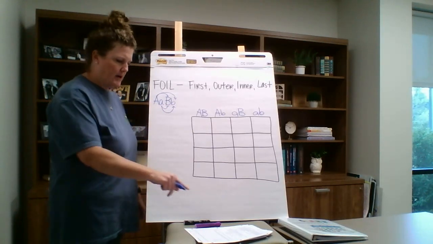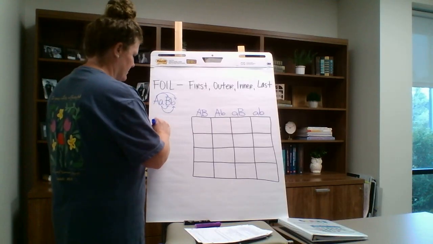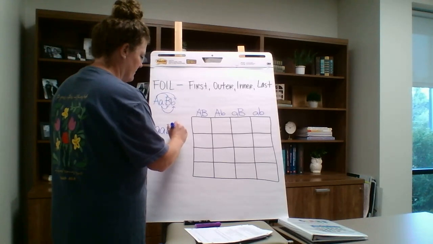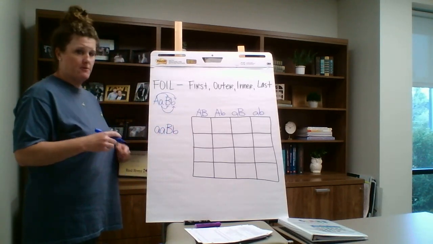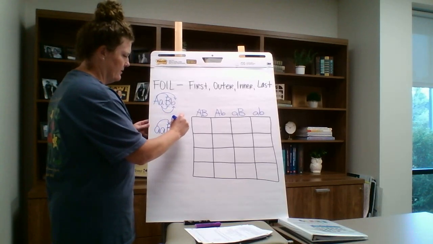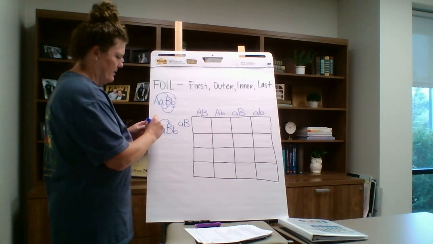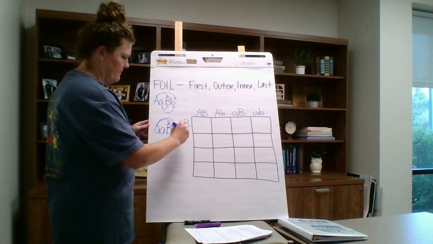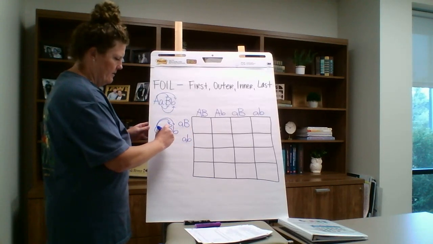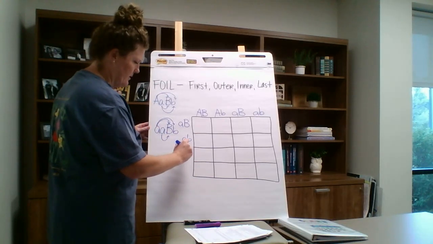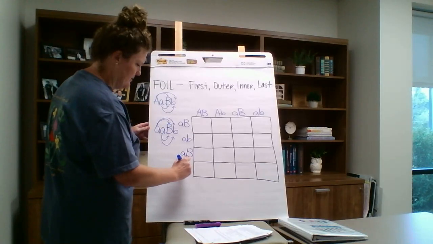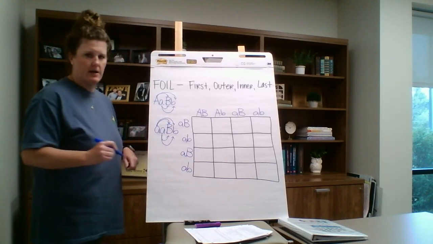So let's do one more practice. So letter B is lowercase a, and then capital B, lowercase b. So if we're going to foil this one, first would be little a, big B, outer, little a, little b, inner, little a, big B, and last, little a, little b.